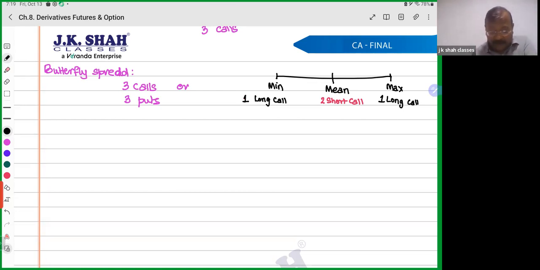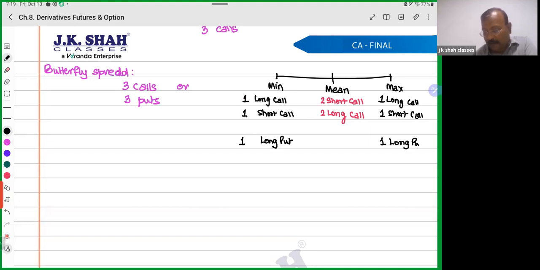Then I could do one short call here, one short call here, and to neutralize these two short calls, two long calls in the middle, right? Then I could do one long put here, one long put here, and to neutralize this, I would do two short puts.